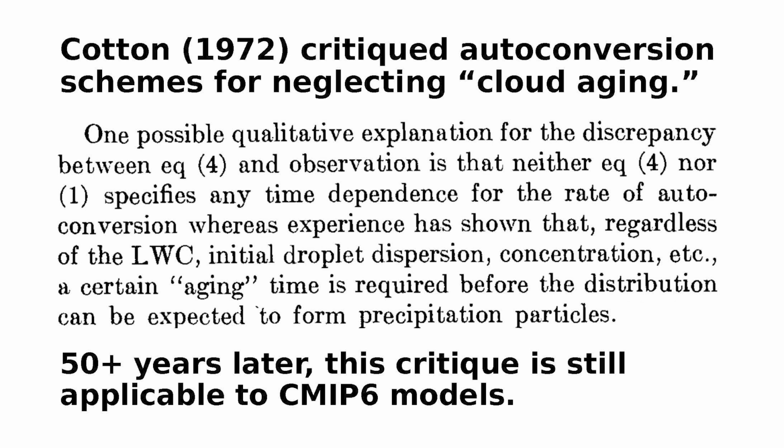If we don't have the capacity to represent small changes in the cloud drop size distribution, we can't represent this cloud aging process. So one conclusion of those three assumptions is that 50-plus years later, this critique is still applicable to our cutting edge CMIP6 models.